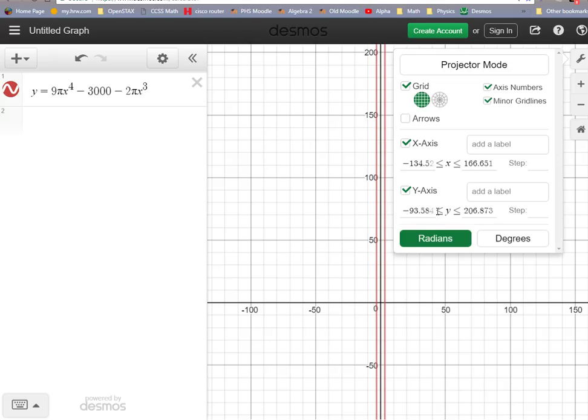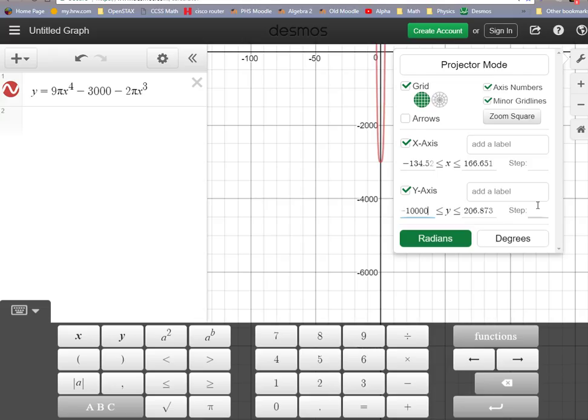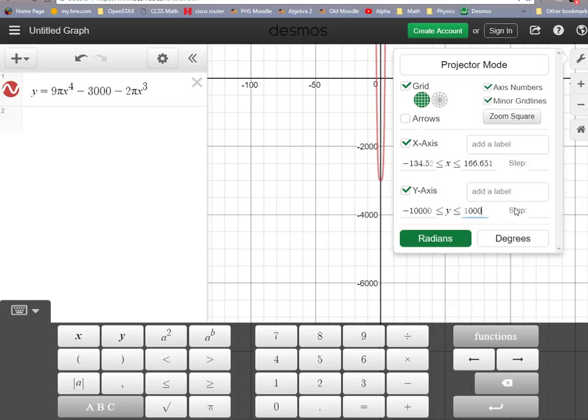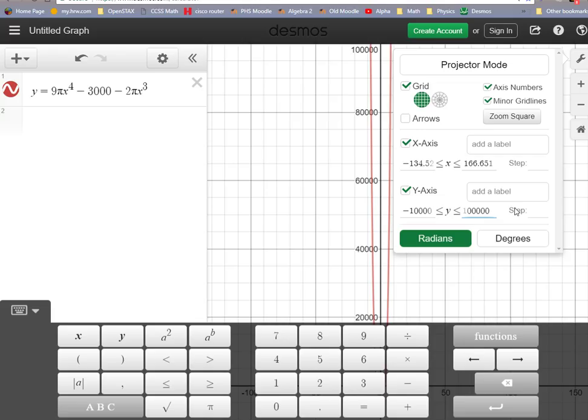So y-axis, let's make it go from negative 10,000 up to positive 10,000. Okay, how about 100,000? Keep adding zeros.